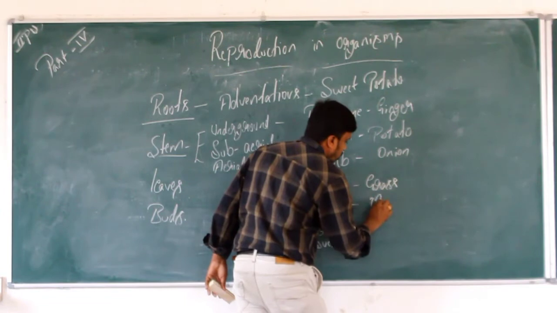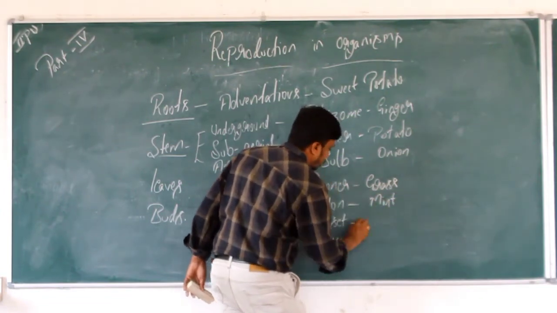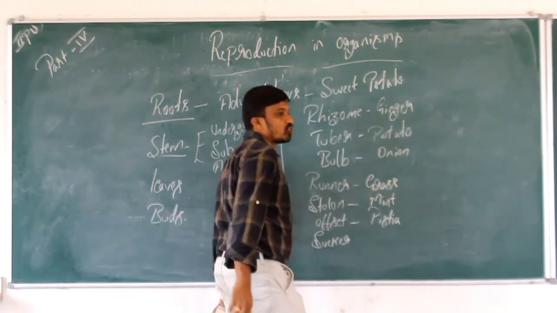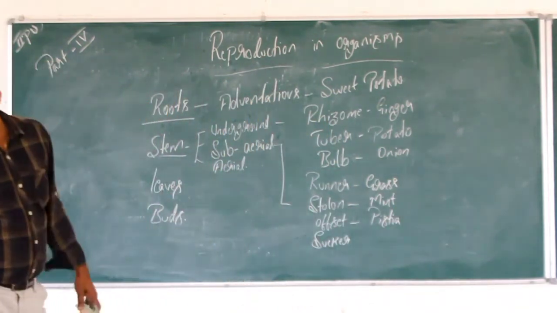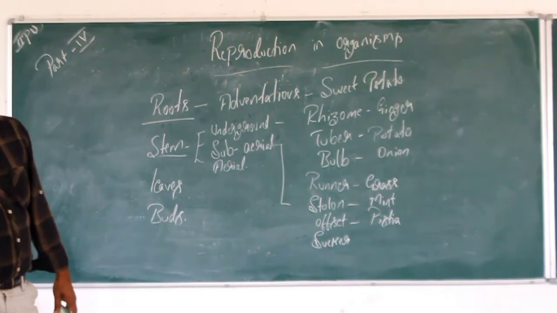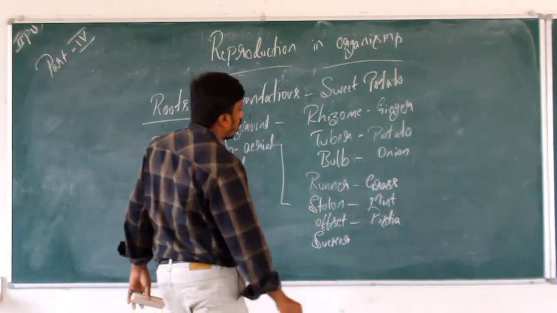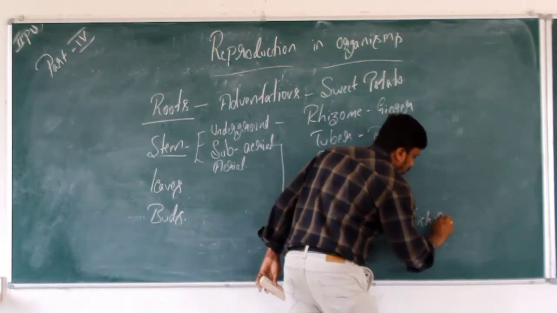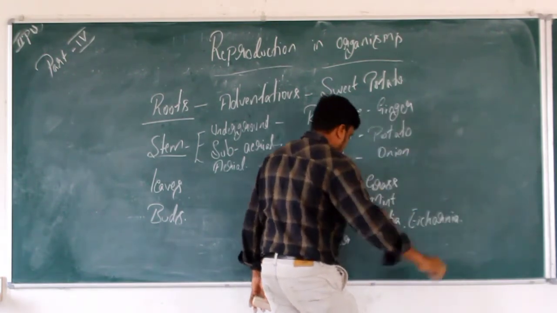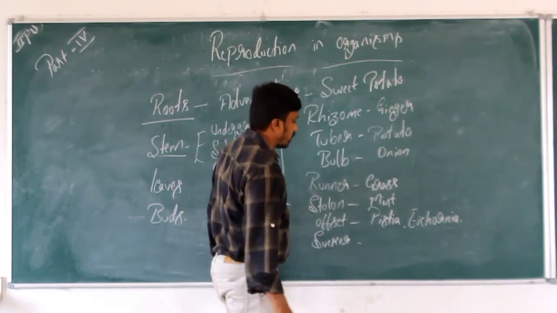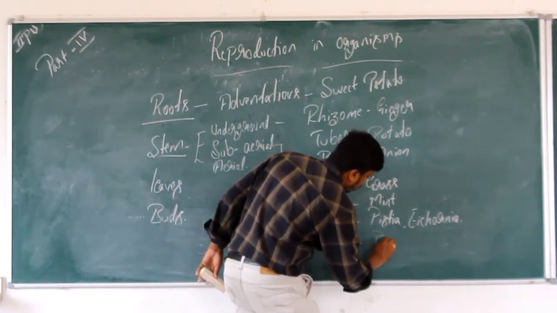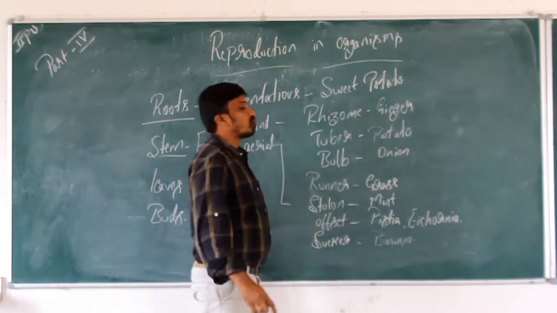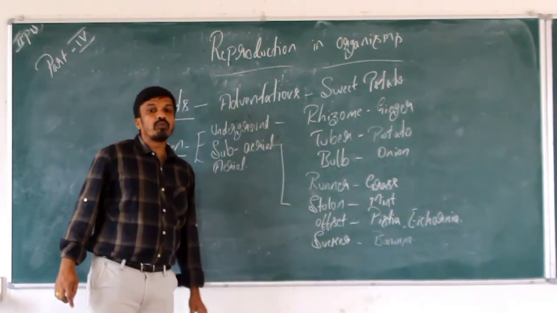Stolon, example mint. Offset, example pistia. And sucker, example banana. These are the vegetative propagules.